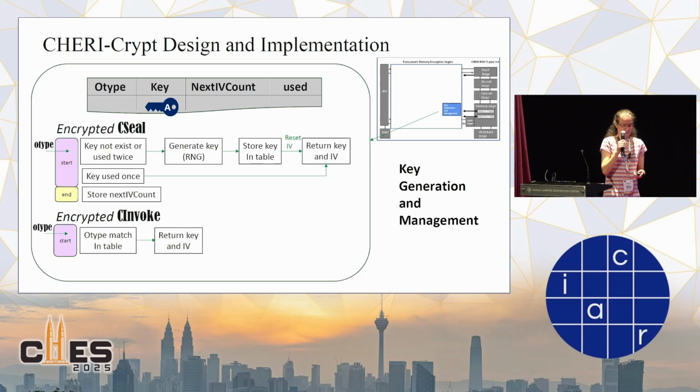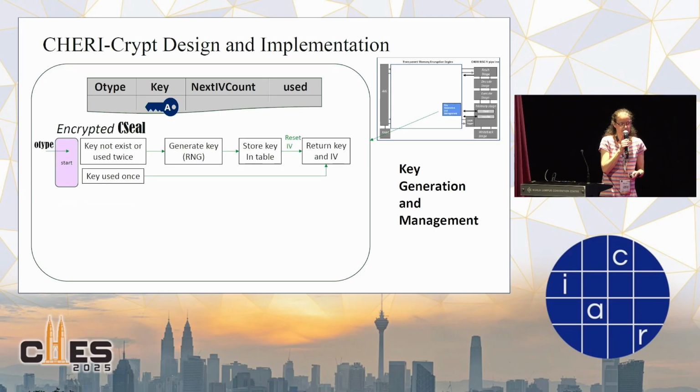So what happens at the start of the CHERI CSeal instruction? It looks at the O-type and determines whether a key doesn't exist or has been used twice. If this condition is true, then it will generate a new key based on a random number generator, store this key into the table, and then return the key and the initialization vector.